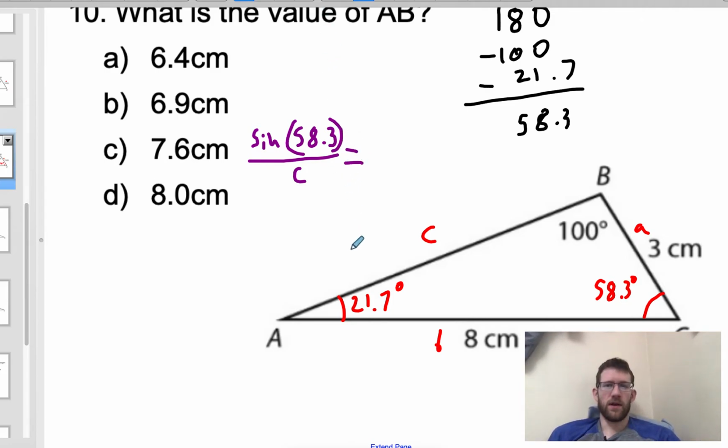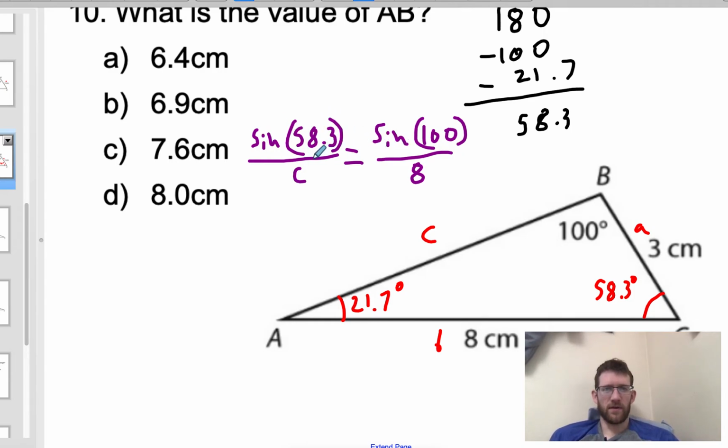We could do the sine of angle A over side A, or we could do the sine of angle B over side B. And I'm going to use the sine of angle B because it's more accurate. So in this case, the sine of 100 over 8.